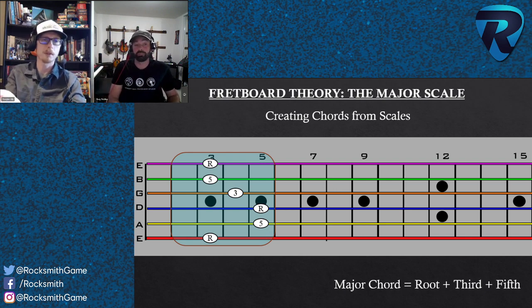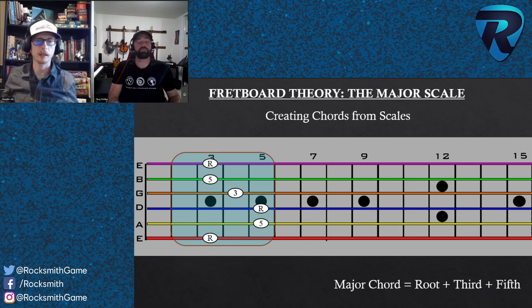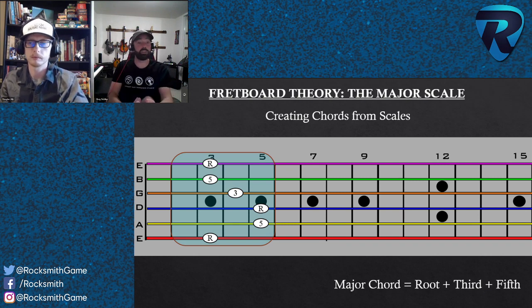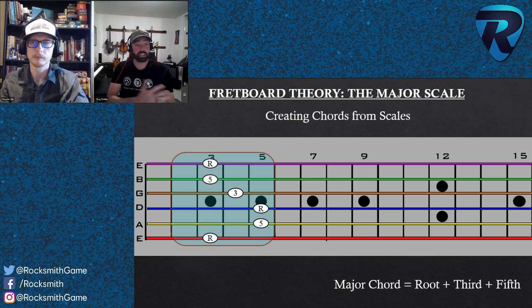So on the image that we have on the screen right now, if you flat that third, you're just moving it down 1 fret to the 3rd fret. And again, that should be a fairly familiar shape. For a lot of people, that's already going to be a really familiar bar chord shape that they've played before. And again, there's now a reason behind why your fingers go to those locations.